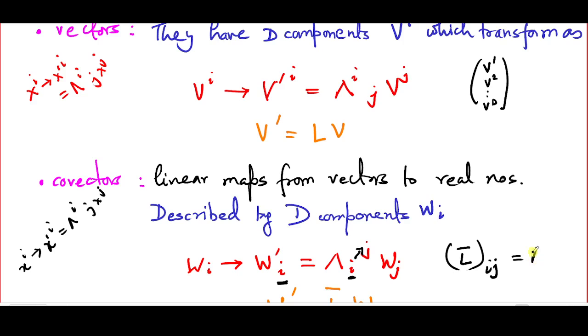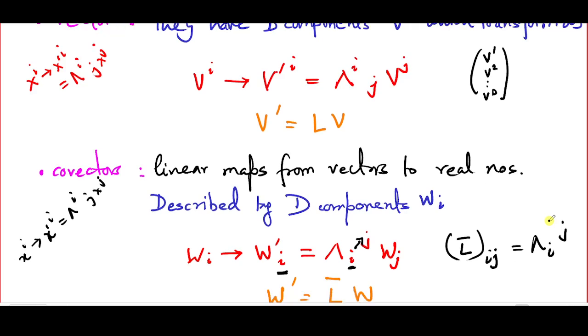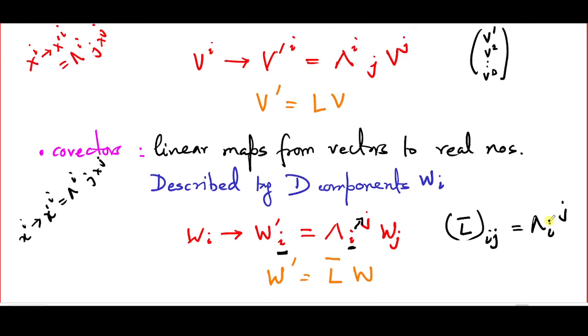L bar's ijth element is this lambda ij. For future convenience, we are going to call these the vector transformation coefficients and these the covector transformation coefficients, if we have to distinguish them. Obviously, the transformation rule for the covector written in column vector form would be w prime equals L bar w.